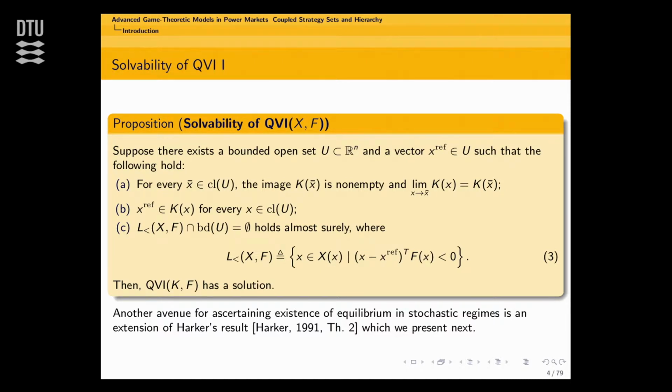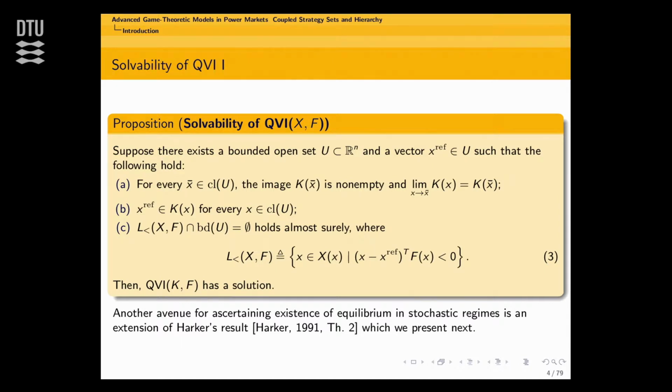So you need to make that assumption. It's like a well-behavedness requirement on the set valued map. In most cases that you'll be working with, that assumption should generally hold. x_ref has to lie in K of x for every x in the closure of the set U.